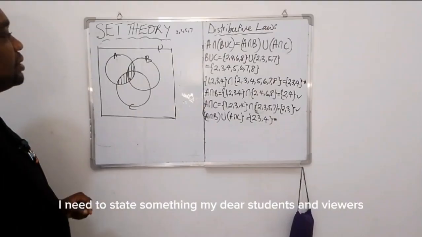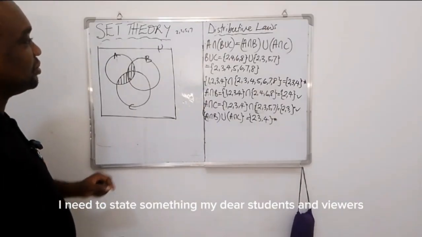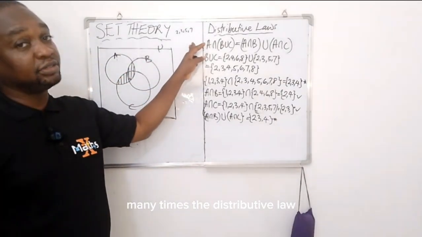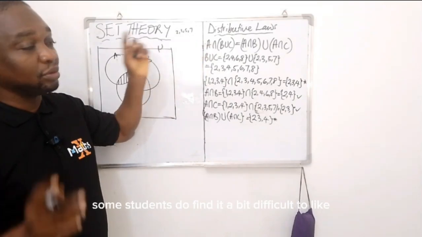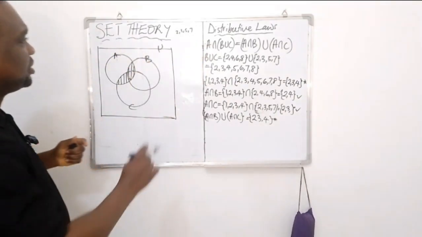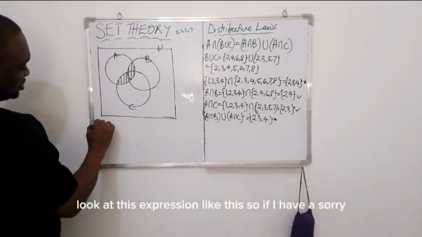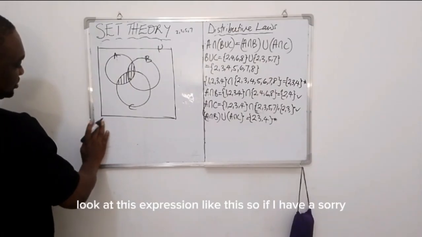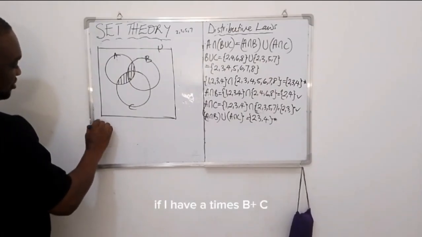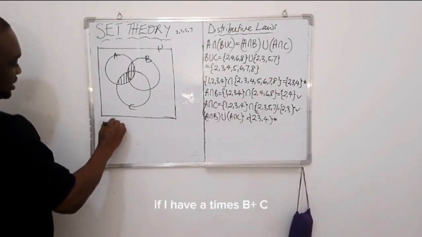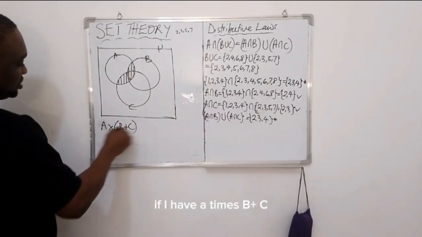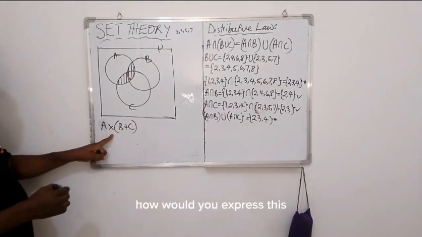I need to state something, my dear students and viewers. Many times, some students do find the distributive law a bit difficult to express, but it's very simple. Look at this expression like this. If I have A times B plus C, how would you express this?